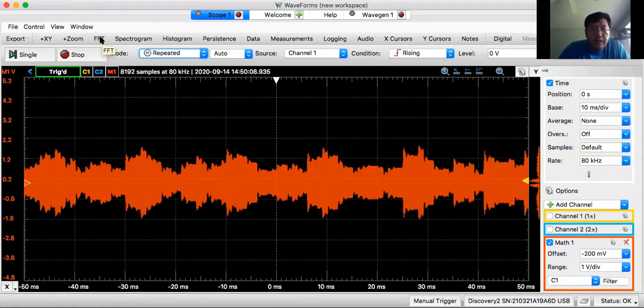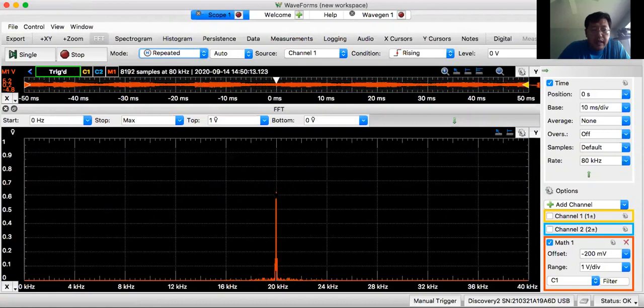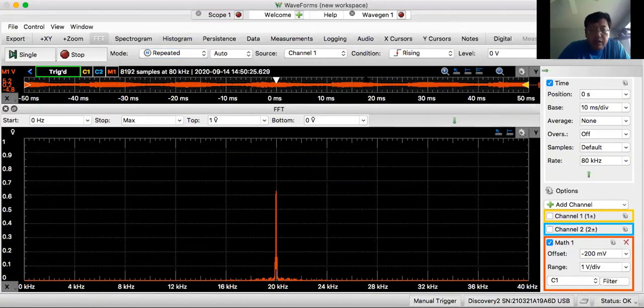So what happens if I want to remove the carrier? Remove this strong guy right in the middle, the 20K. In order to remove that 20K, I'm going to go to this filter again. Instead of bandpass filter, I want band stop. So band stop, I will say 19.5K.